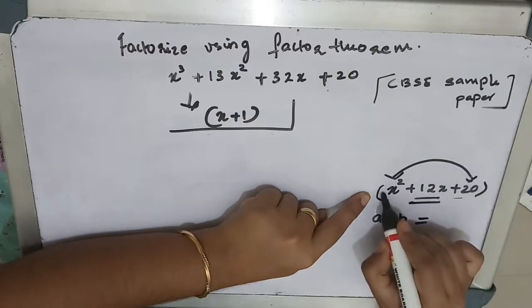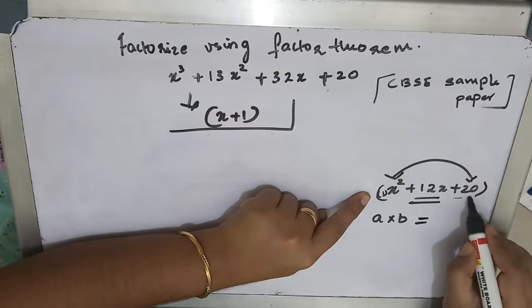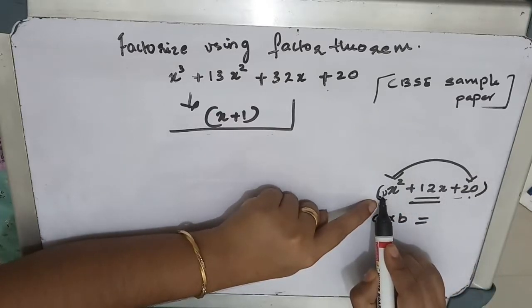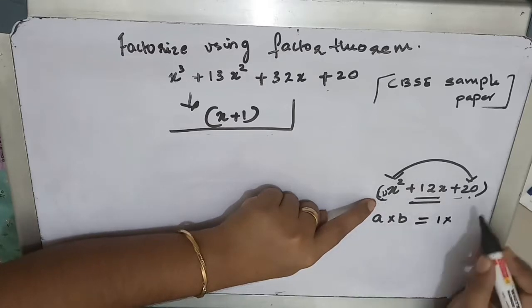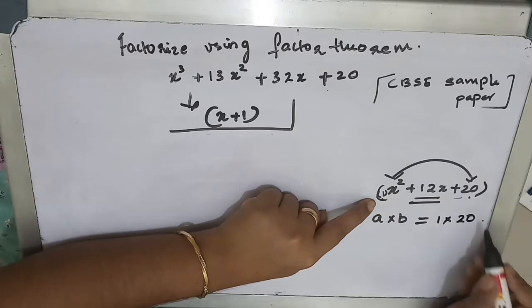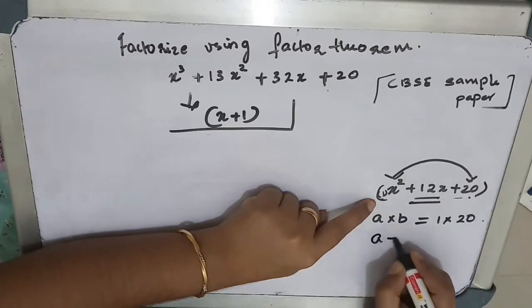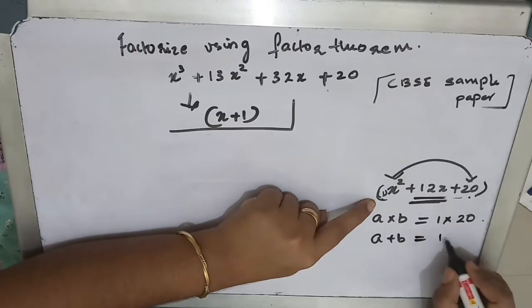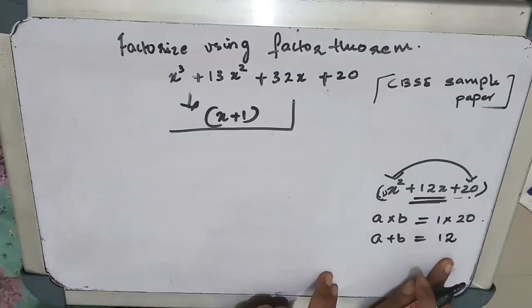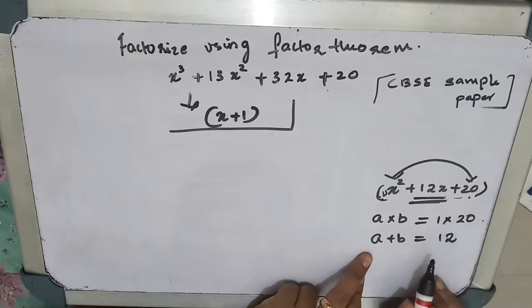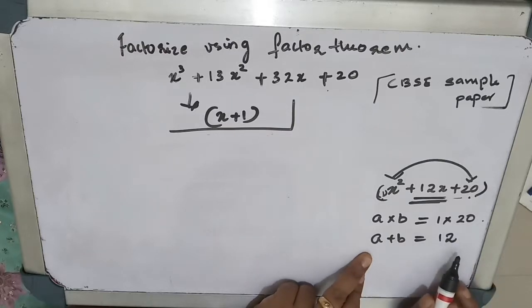So here the coefficient is 1 and here it is 20. We'll take the product of the coefficients. So here it is x square, so the coefficient is 1, and the last term, the constant term, is 20. So the product should be equal to 1 into 20, that is 20, and the sum should be equal to the coefficient of the middle term. So the sum should be 12. So we have to find two numbers such that their product is 20 and their sum is 12.